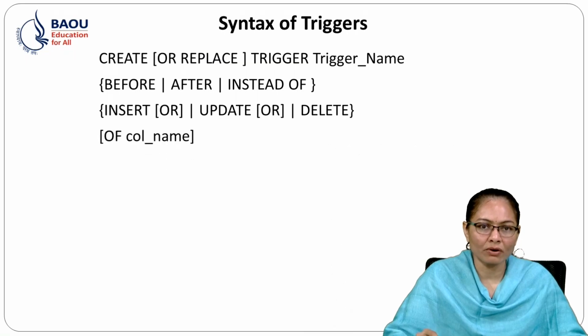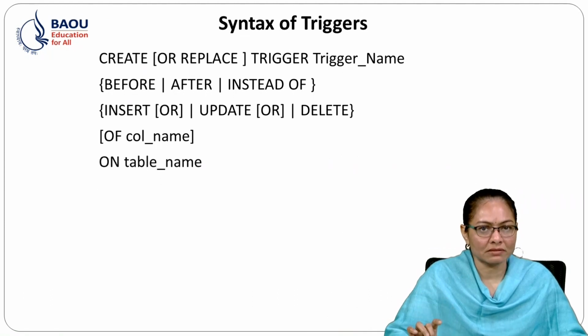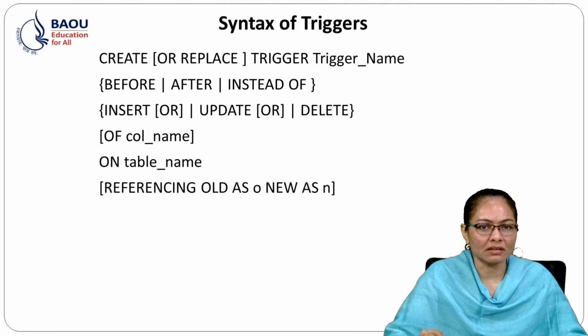Next is the of column name. It is used when the trigger is to fire only when a specific column is updated. After that, on table specifies the name of the table or a view to which the trigger is related.